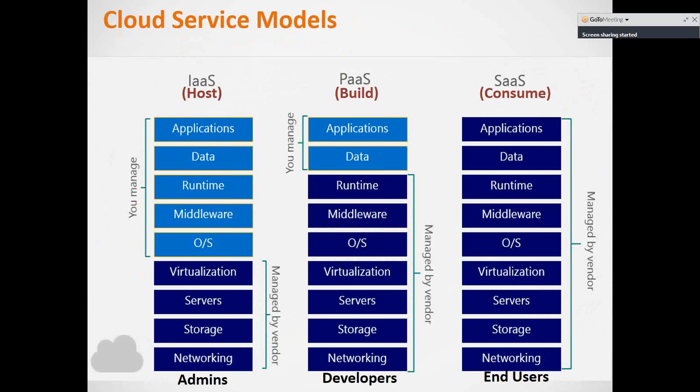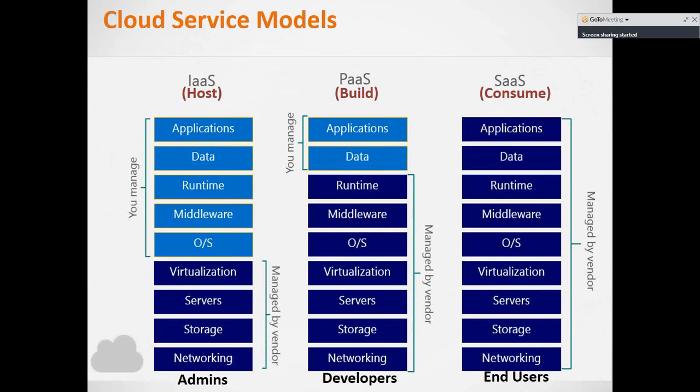Okay, so how is the cloud service going to benefit us, and what can we do? Now, when you're trying to access the cloud service, there are different models of the cloud service. So what are the different models that we have? We have majorly three kinds of cloud service.